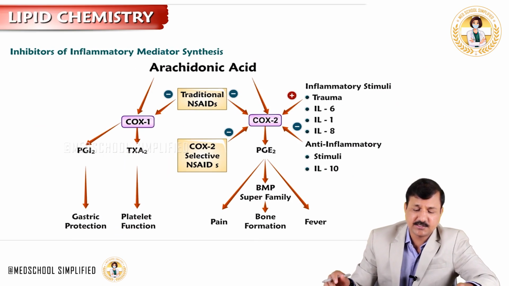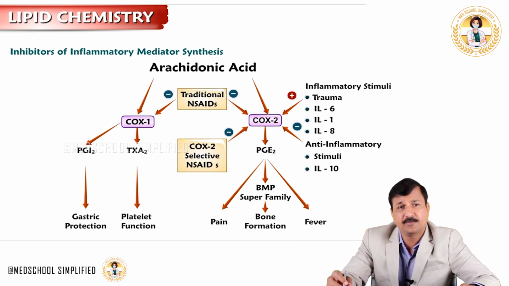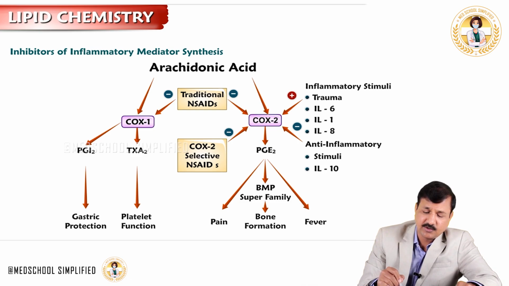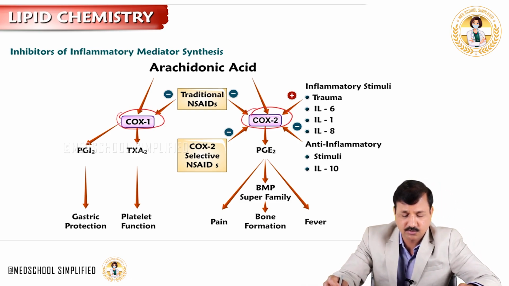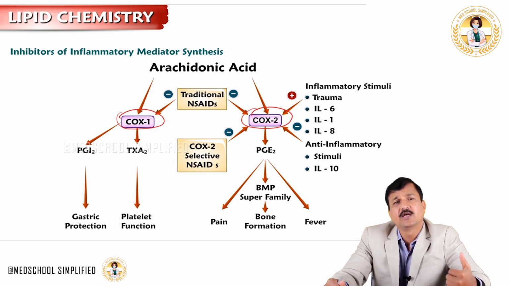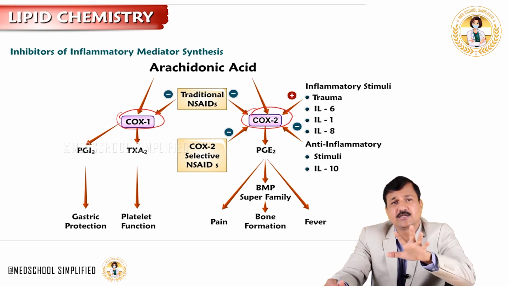Now, some of the inhibitors of inflammatory mediators, like, as I already told you, release of arachidonic acid from membrane lipids is inhibited by steroids. Now, arachidonic acid going into the COX pathway is mediated by COX-1 and COX-2. COX-1 is a constitutive enzyme. It is expressed in the small intestine and the stomach. So it is basically maintaining the necessary requirements so that things are taken care of.